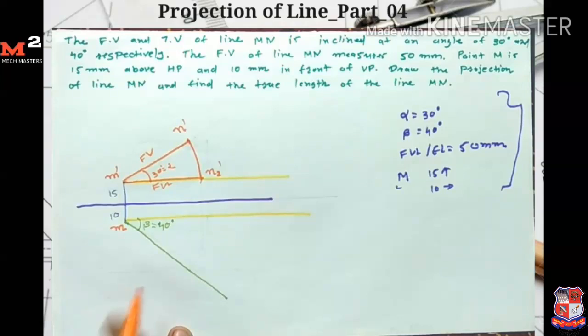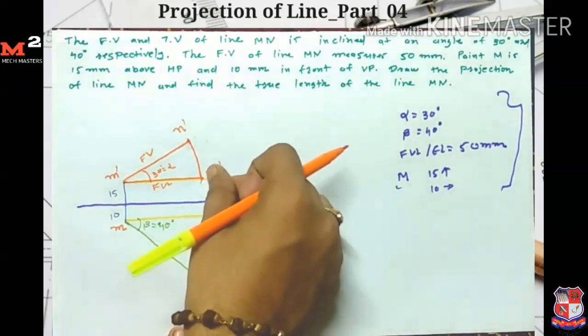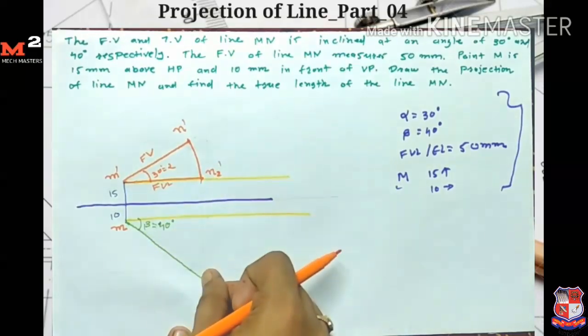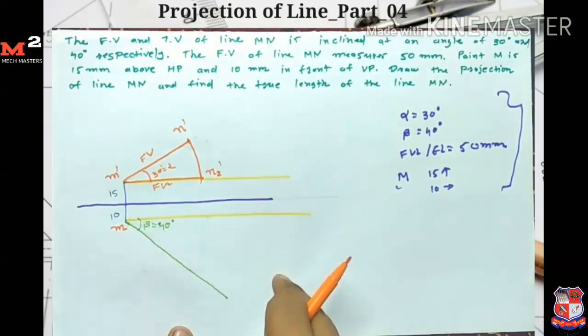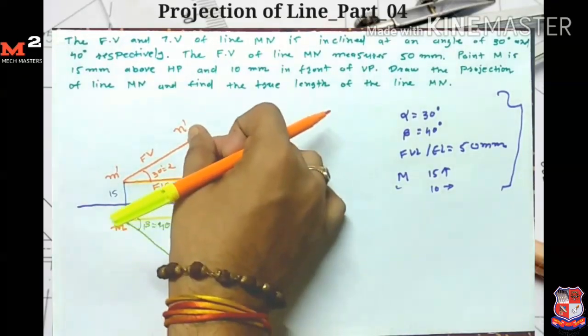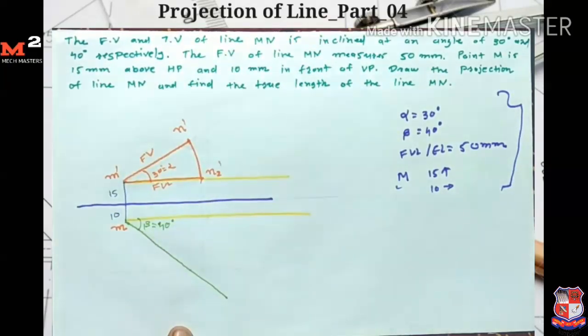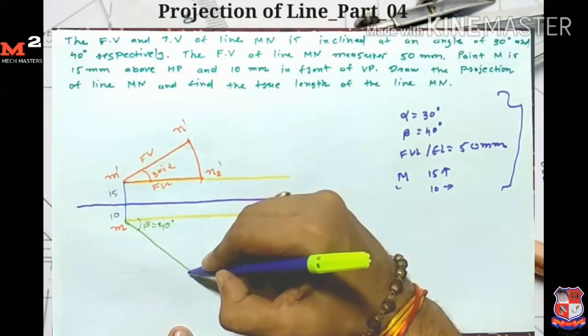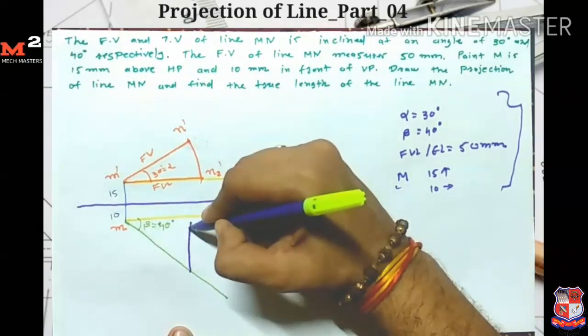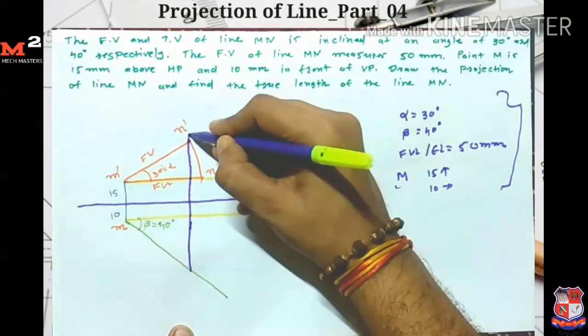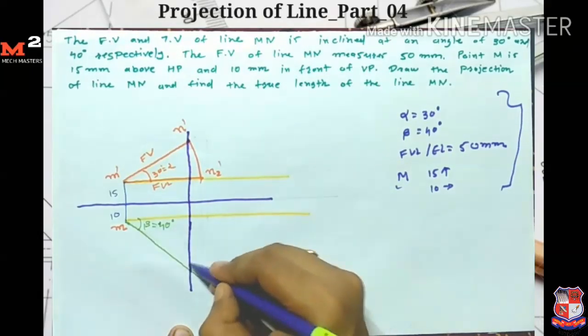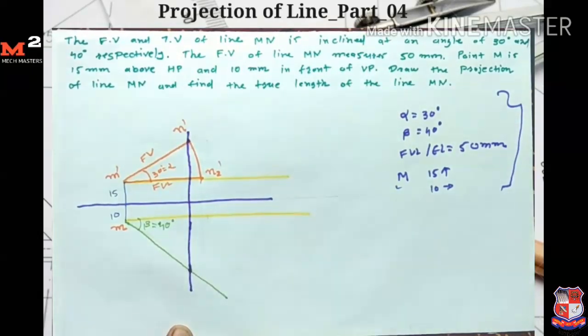Here we do not have the locus of N. If I take the projection from N2 dash, I don't know where it intersects. But we know that N dash and N point are on the same vertical line. So from N dash point I draw one vertical line, which intersects this line here. So here I get my point N.